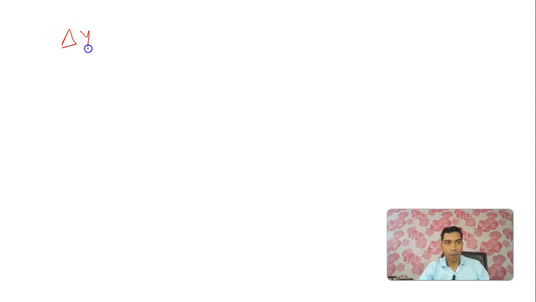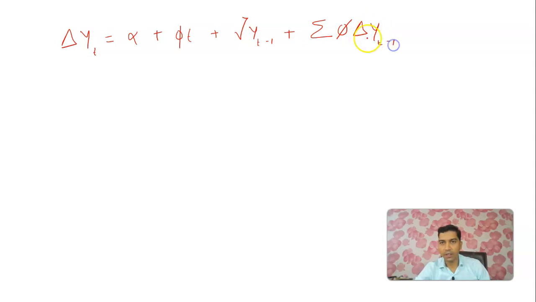So delta yt is equal to alpha plus time component t plus gamma yt minus 1 plus another component, summation over i, change in yt minus 1, and not 1, we are writing generalized, so t minus i, and i is equal to 1 to, let's say, n, and this is also an i series coefficient, plus mu t.